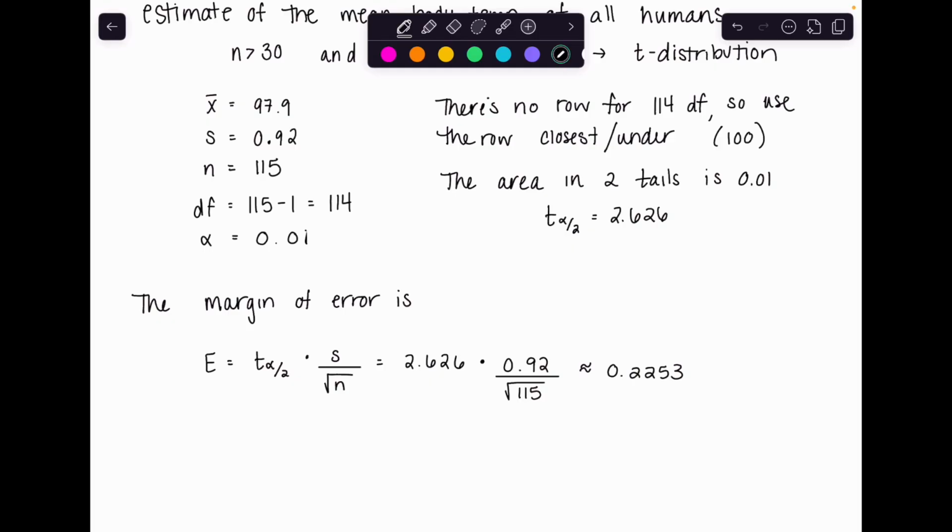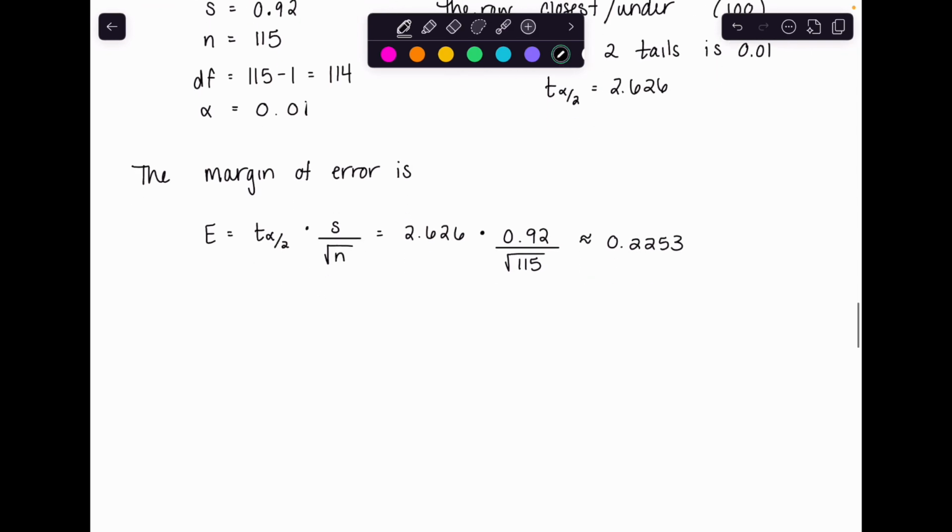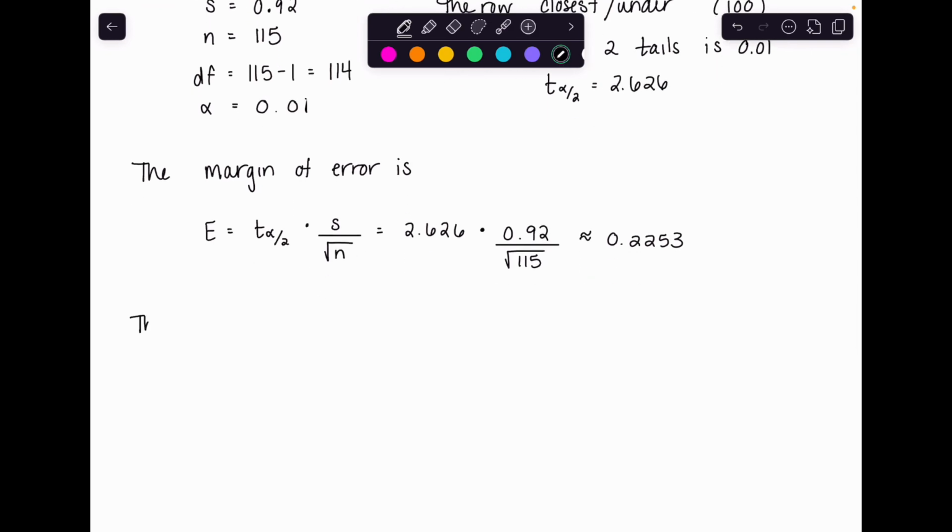So from my sample mean, I'm going to add or subtract this to get that confidence interval I want. So the 99% confidence interval is our true population mean is less than our sample mean plus the error, and greater than the sample mean minus the error.